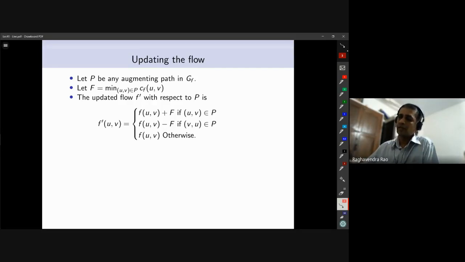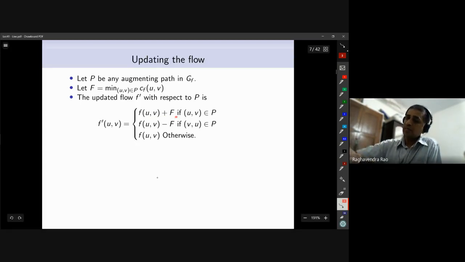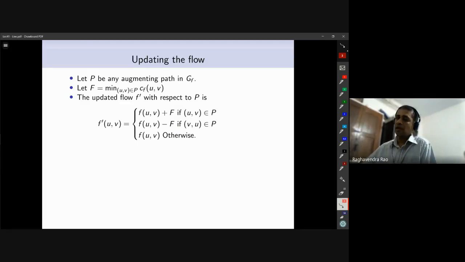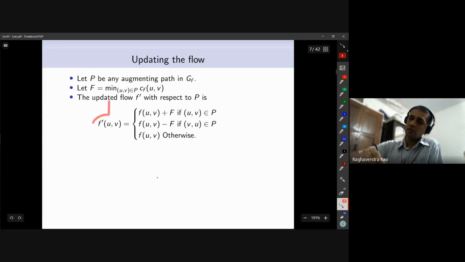In the last lecture we saw that this is feasible: if the value is increased, it is within the capacity, and if it is decreased, it stays greater than or equal to 0. So what we get is a feasible flow. We also saw that the value of this flow is exactly F larger than the value of the original flow.